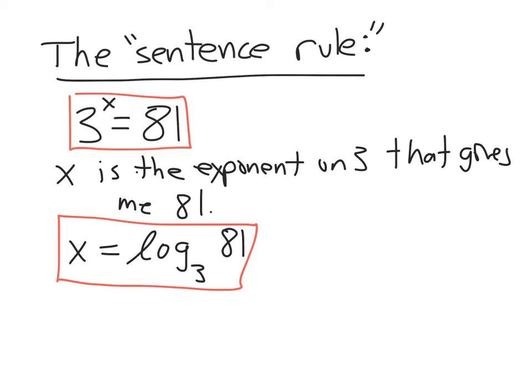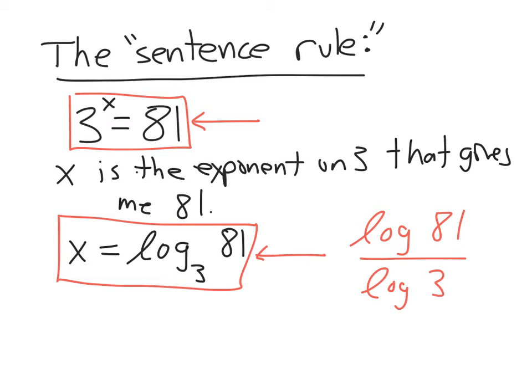And notice that this exponential equation would be rather difficult to solve. But once it's transformed into a logarithm, it can often be very simple to solve. This is one where we would use our change of base rule for logarithms, and we could just do log of 81 over log of 3. And now both of these are base 10, or we could have them be any base that we want.